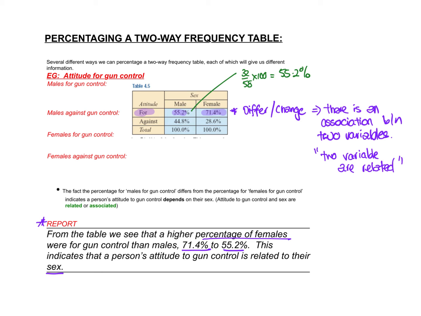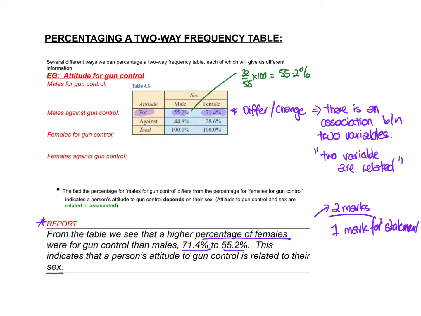So generally with these questions, they're always worth 2 marks. And you are going to get 1 mark for the statement, and that's the statement of whether there is a relation.